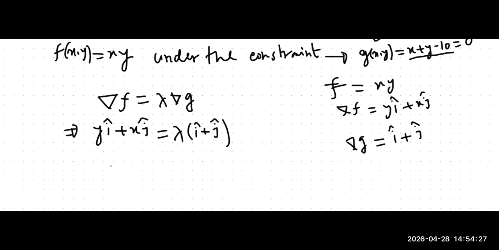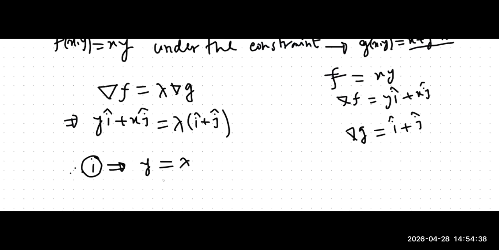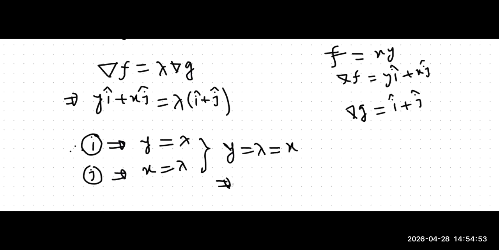The coefficient of i gives y equal to lambda, and the coefficient of j gives x equal to lambda. From these two equations, y equal to lambda equal to x, which means y is equal to x.